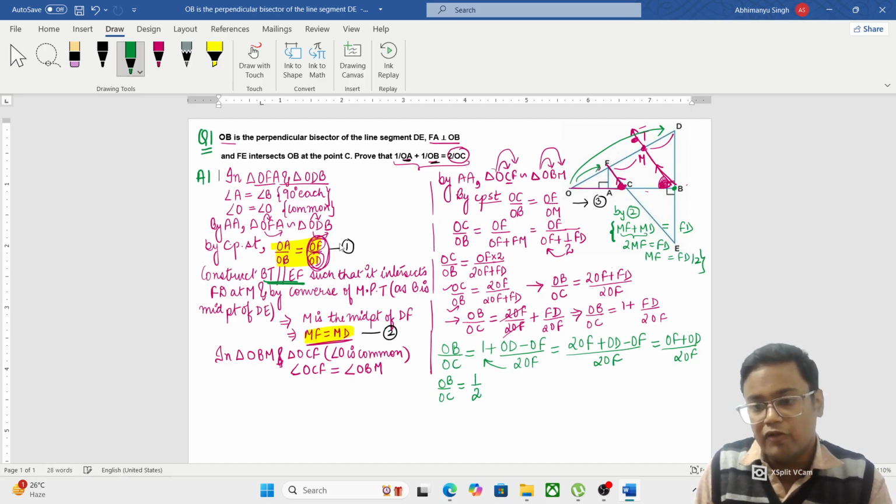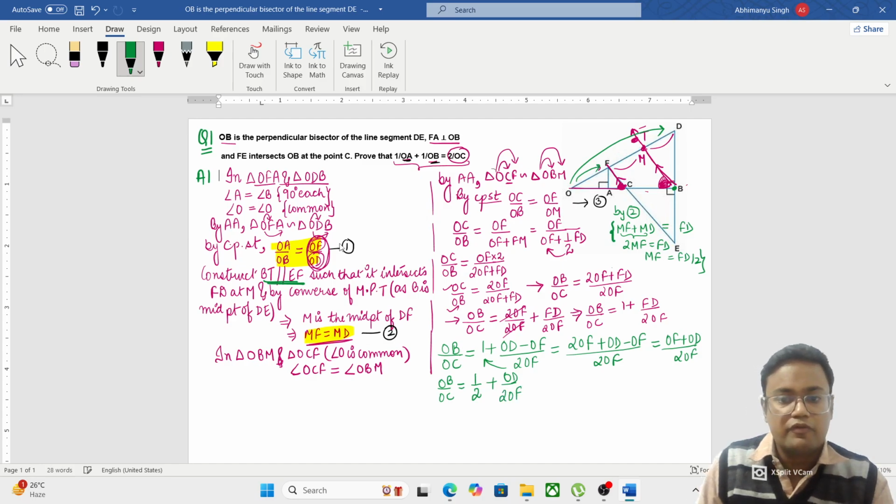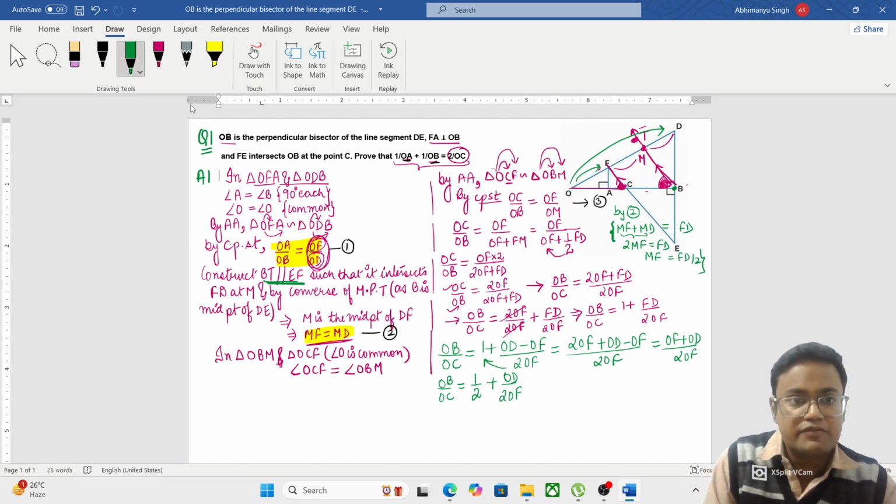I have split the denominator, right? So OF will cancel out with this OF plus OD upon twice of OF. So we are successful in getting this fraction, children, OD upon OF. So what will OD upon OF be? If I write here, OD upon OF will be equal to OB upon OA. We will take the reciprocal of equation number 1, right?